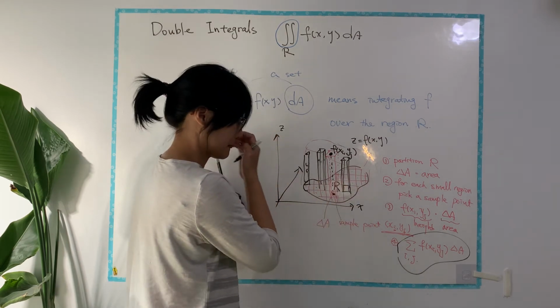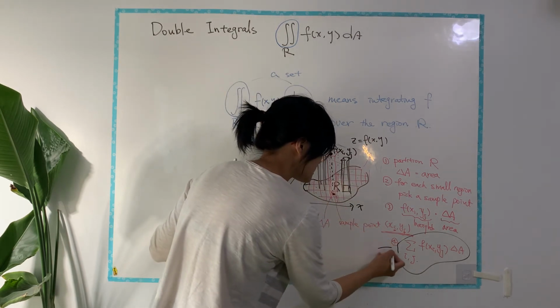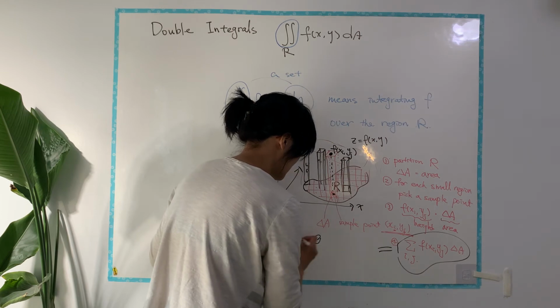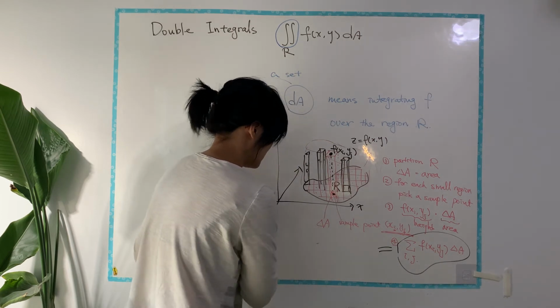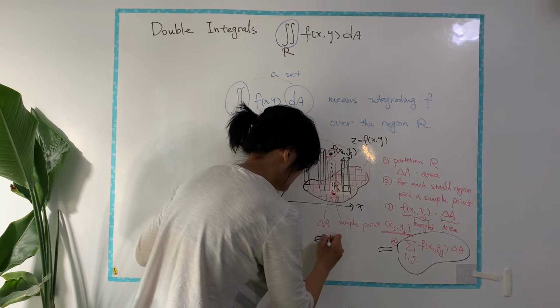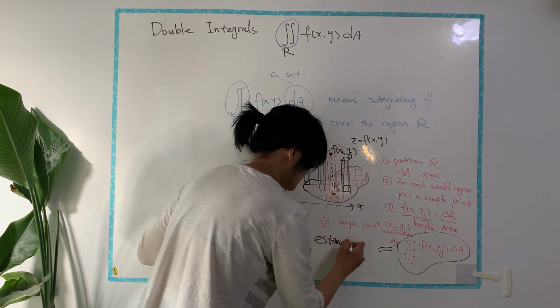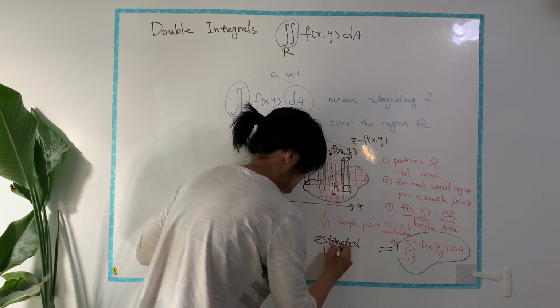When I sum over these, this gives me an estimated volume.